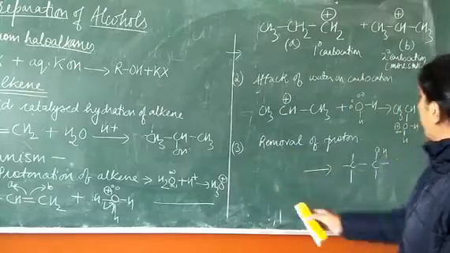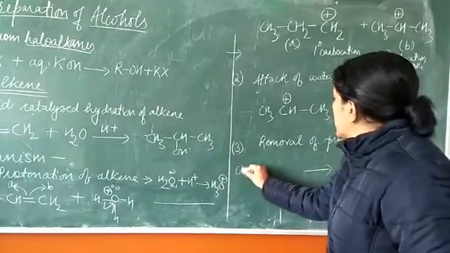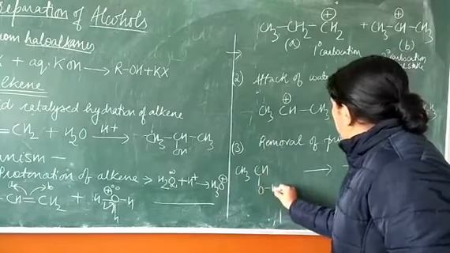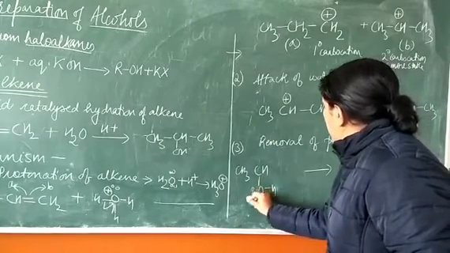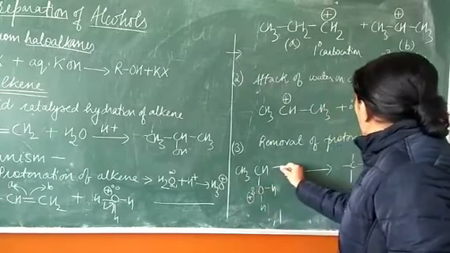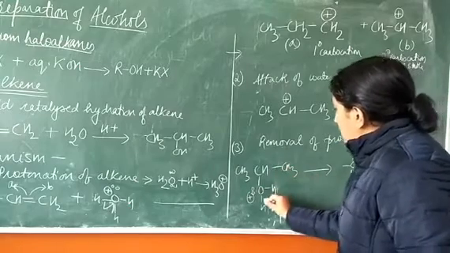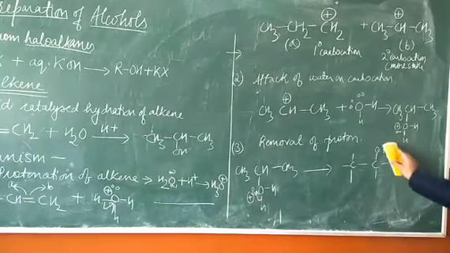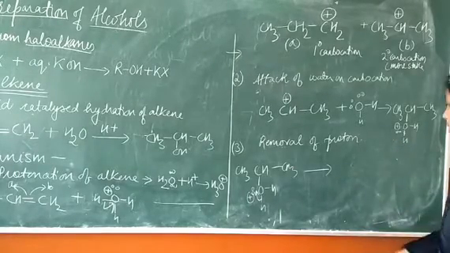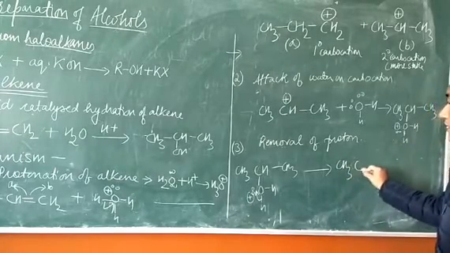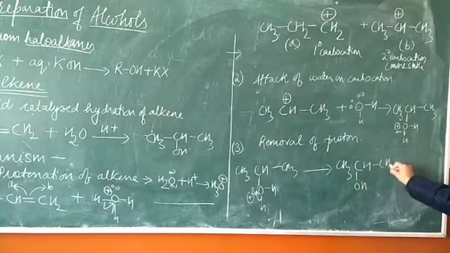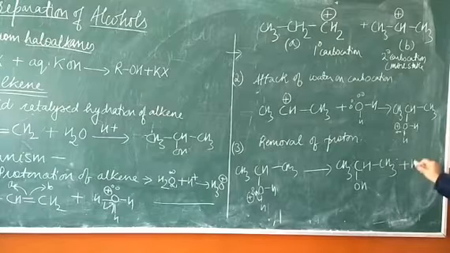Now the next step, it is CH3, CH, this is OH, H and a lone pair and a positive sign, and here it is CH3. So one of the O-H bonds will break up, and the product which will be obtained is CH3, CH, here it is OH, this is CH3, plus H positive.